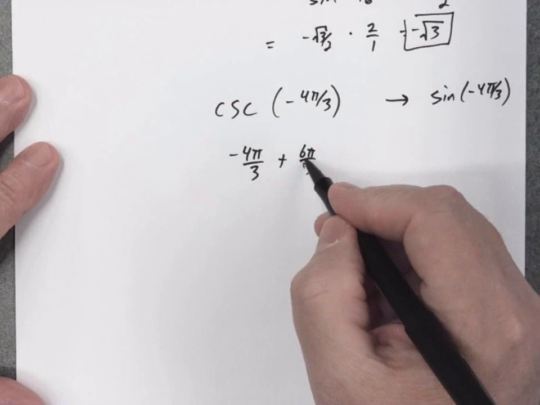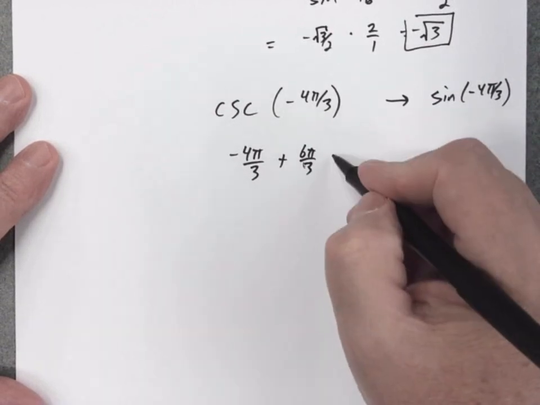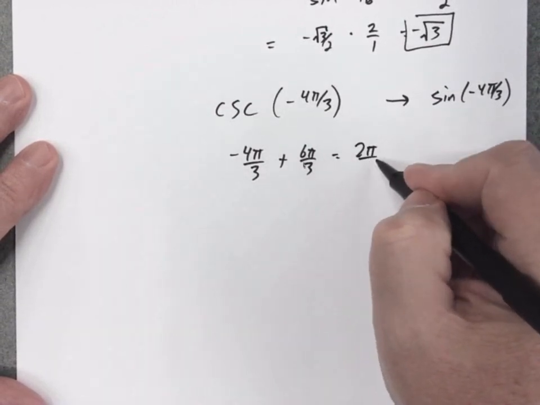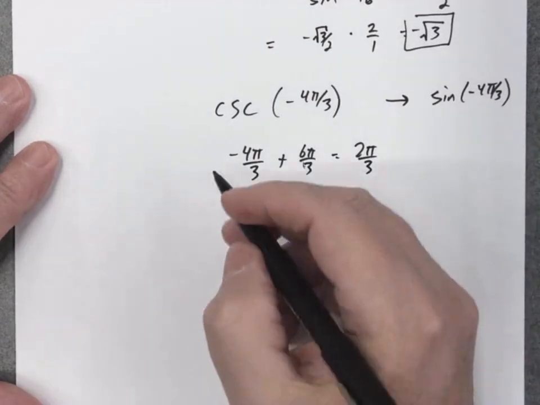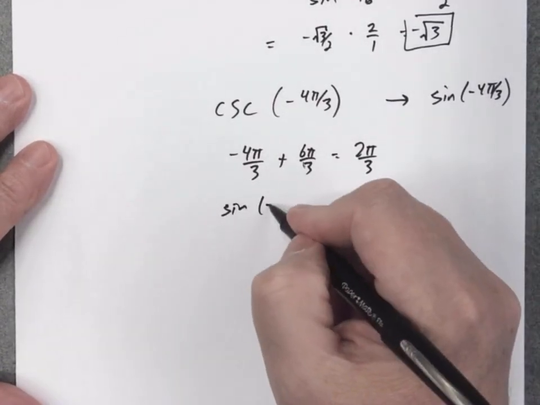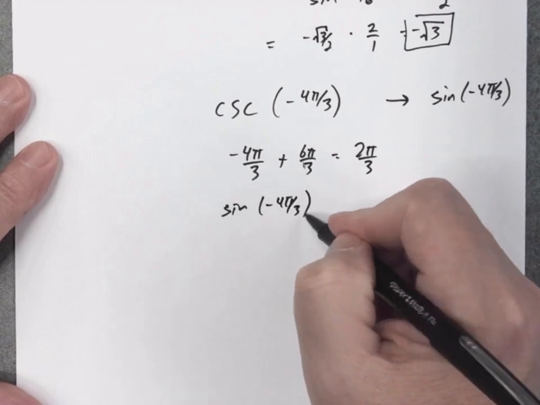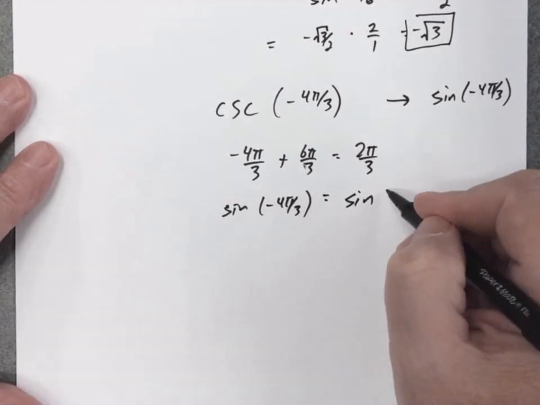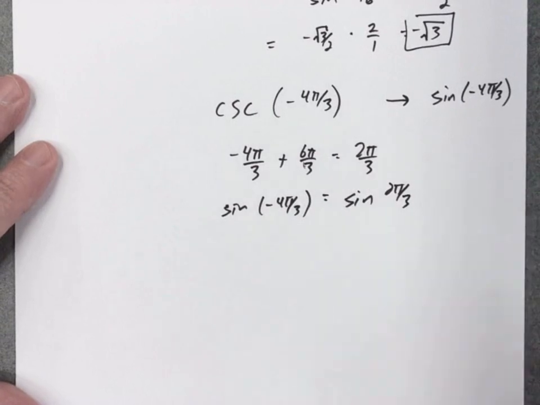So to add 2 pi, I really add 6 pi over 3, and that's 2 pi over 3. So the sine of negative 4 pi over 3 is really the sine of 2 pi over 3.